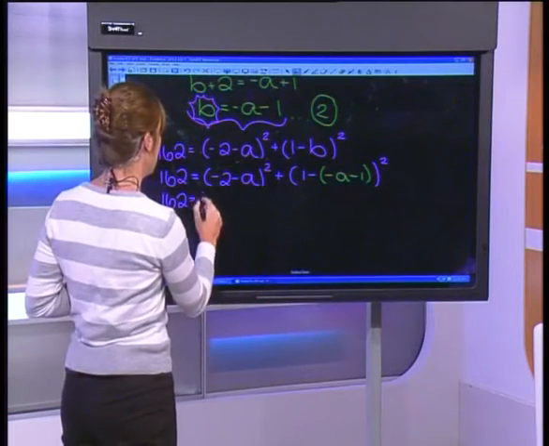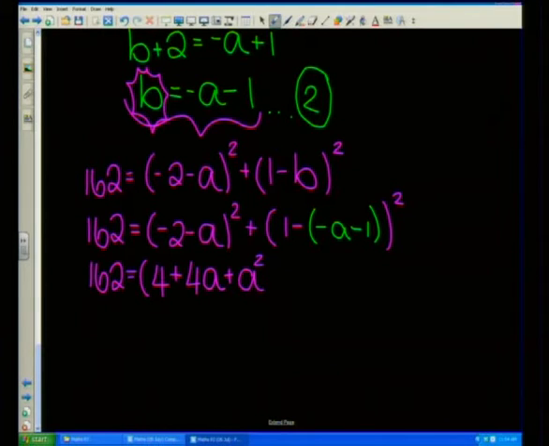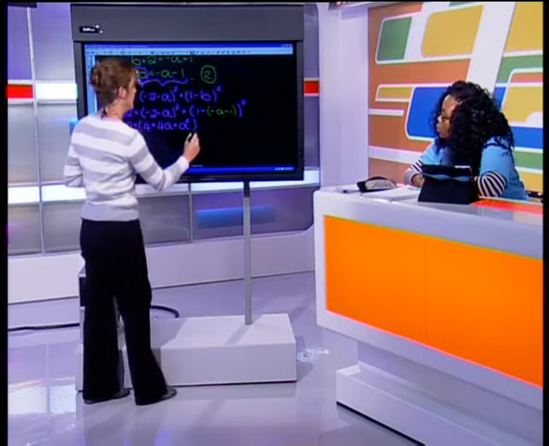Negative 2 squared is going to be 4. When we do our outers and our inners, we're going to land up with positive 4a plus a squared. If you want to do all the steps of FOIL there, you can do it. I'm just saving a little bit of time.